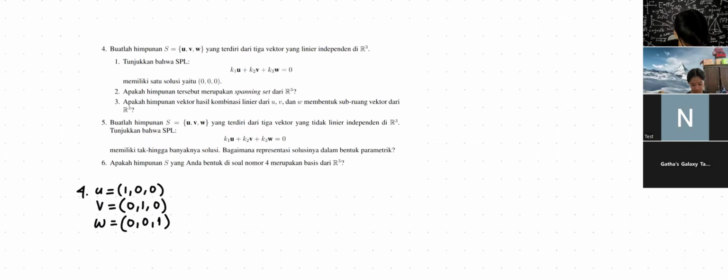Okay, the first question is to show that the system of linear equations K1U plus K2V plus K3W equals V0 has only one solution.